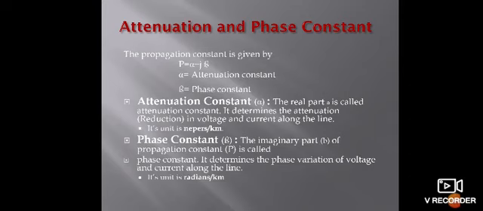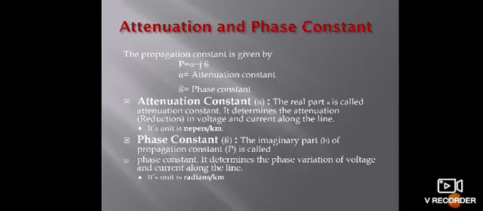The next one is the attenuation constant. The real part in the propagation constant, that is alpha, is called the attenuation constant. Among the secondary constants of our transmission line, the first one is characteristic impedance and the second one is propagation constant, and from the propagation constant we get the third property, the attenuation and phase constants.